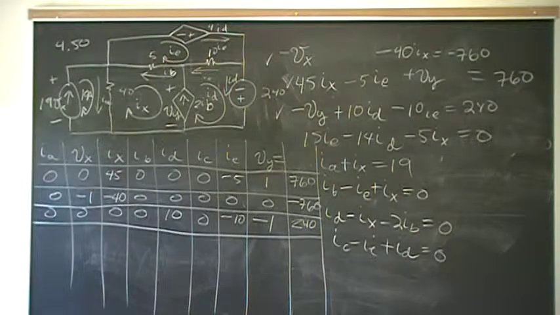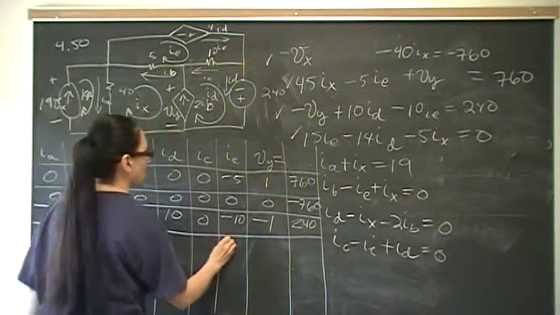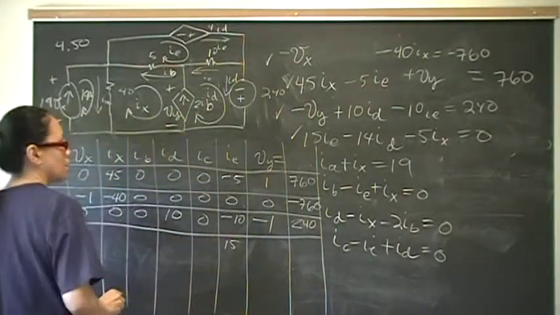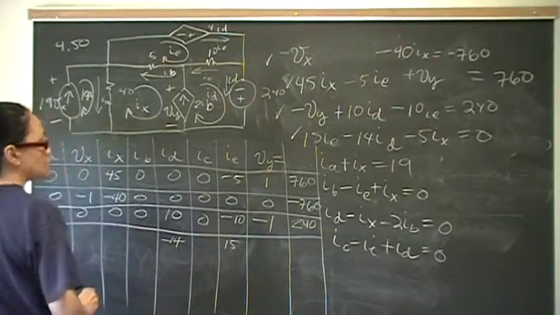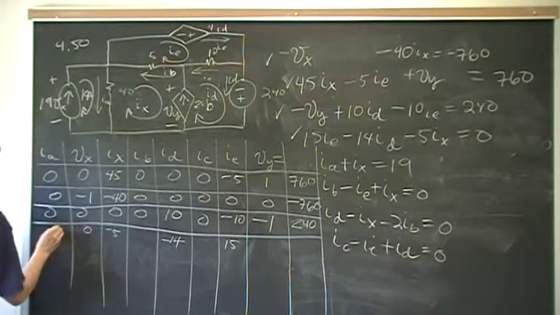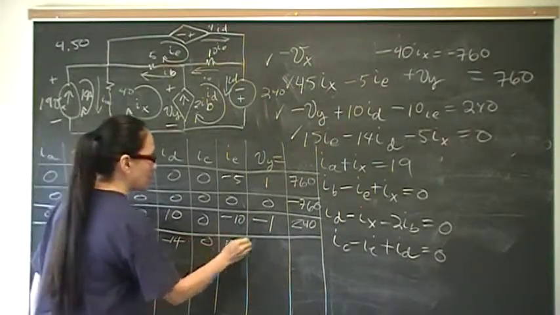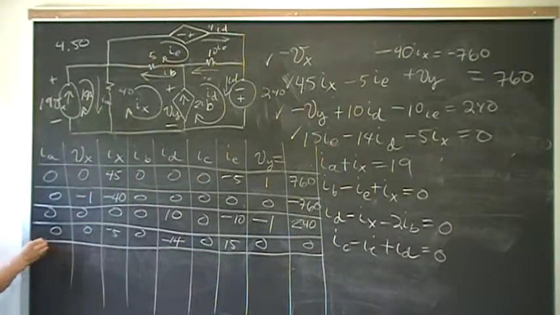Okay, and now let's do this one right here. 15 IE, negative 14 ID, negative 5 IX, zeros everywhere else. I'm running out of space.